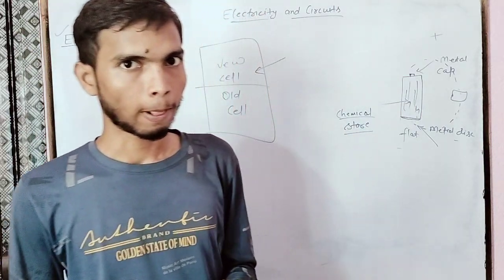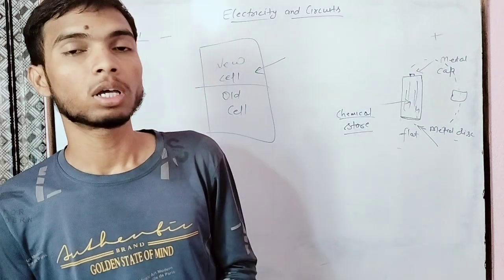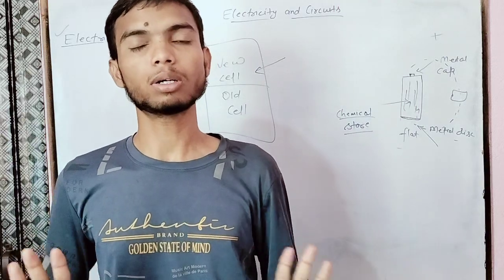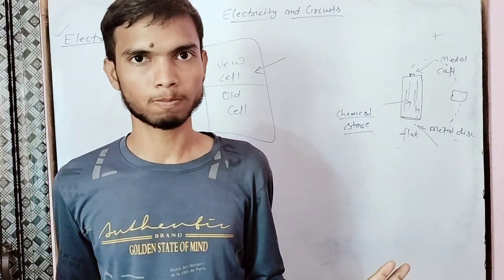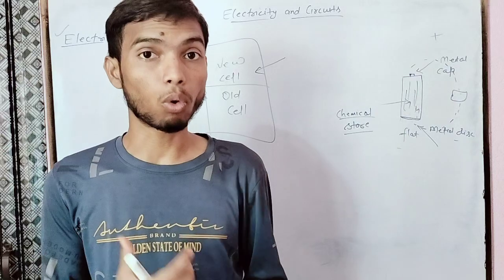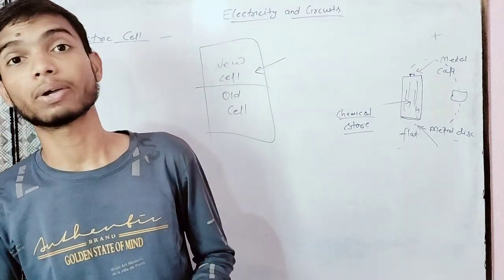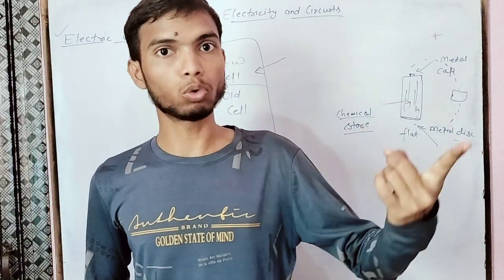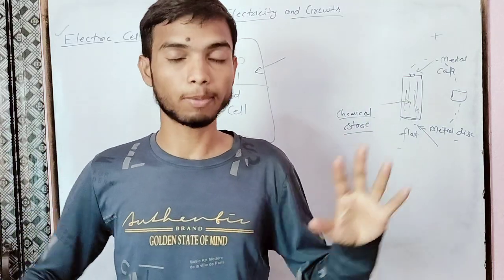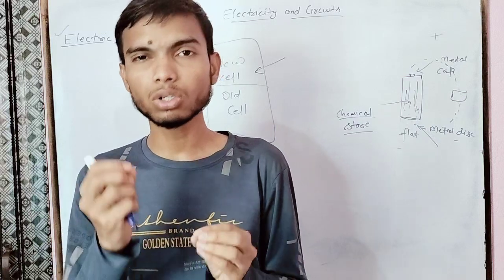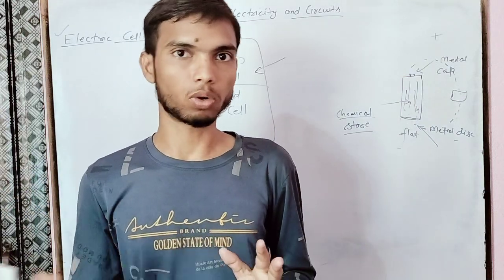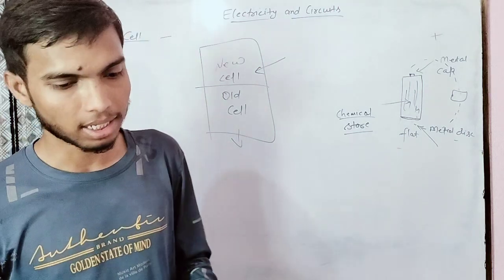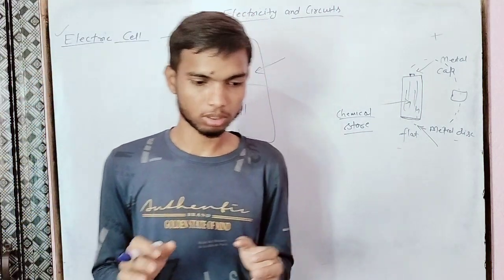So the main point here is that a new cell will work better, properly, but an old cell will not work better. A new cell will work faster, but an old cell will work slowly, slowly, slowly. It happens in each electric cell.